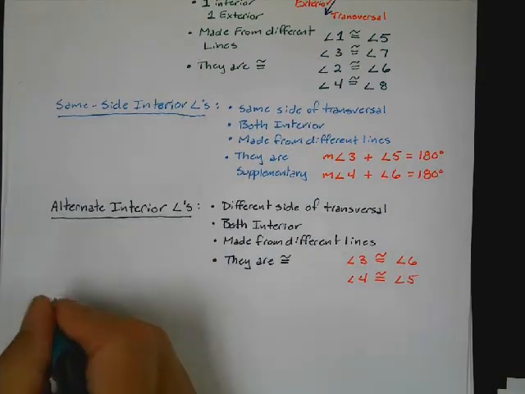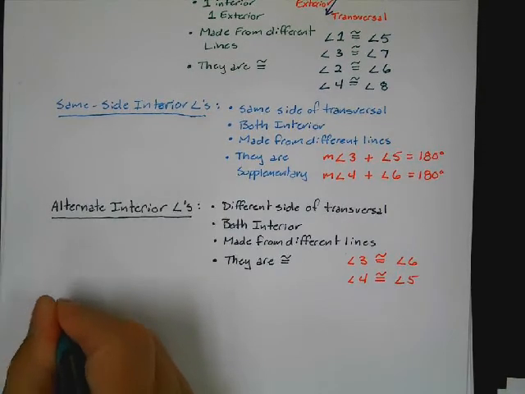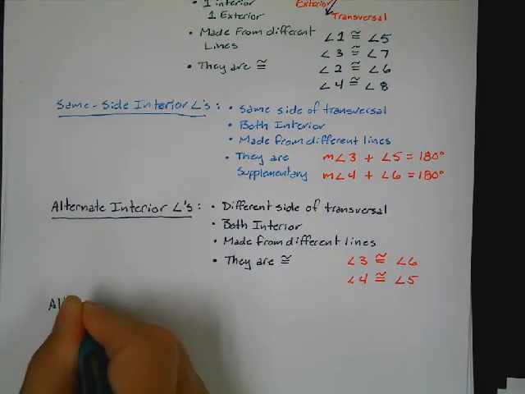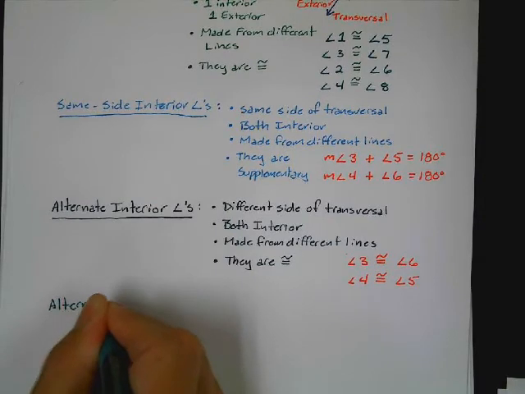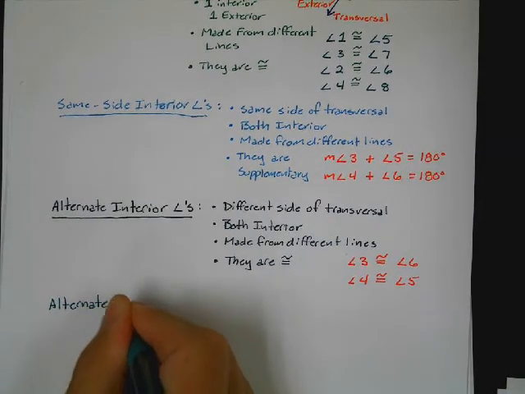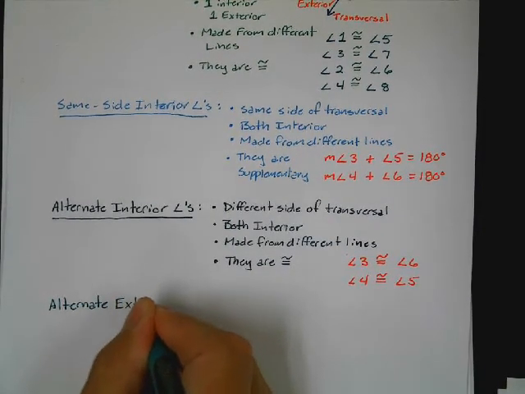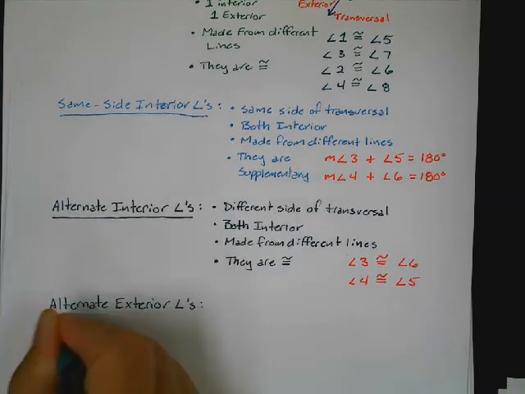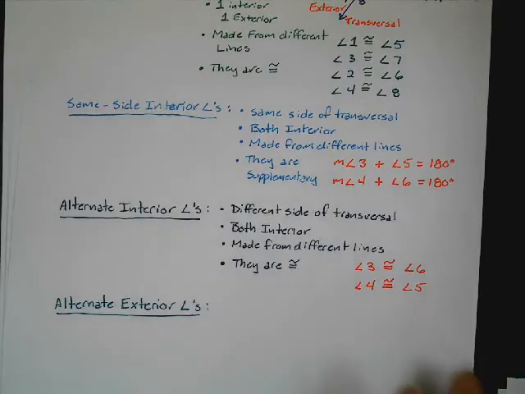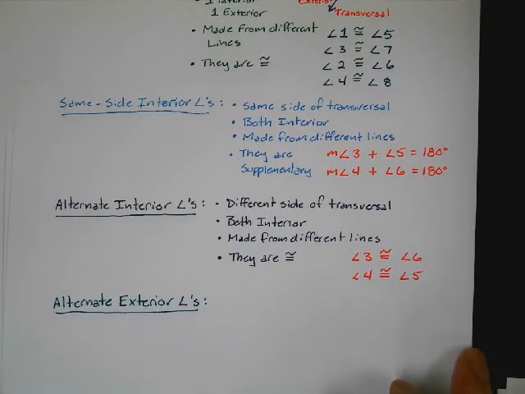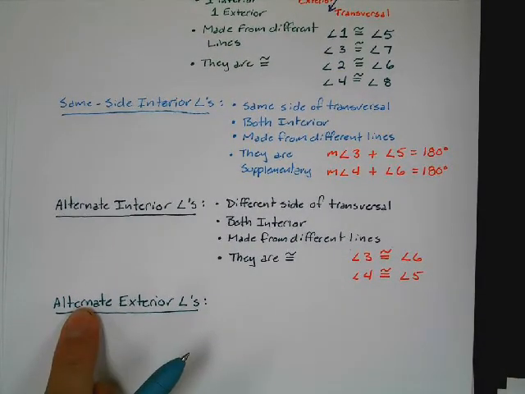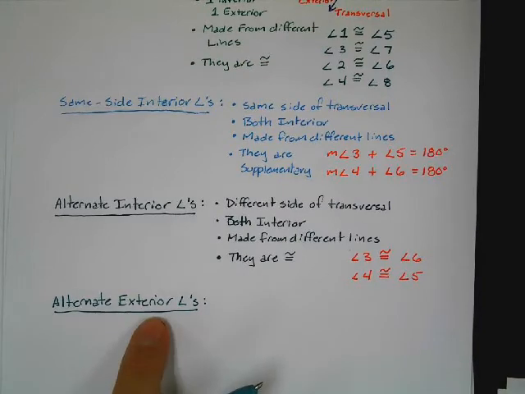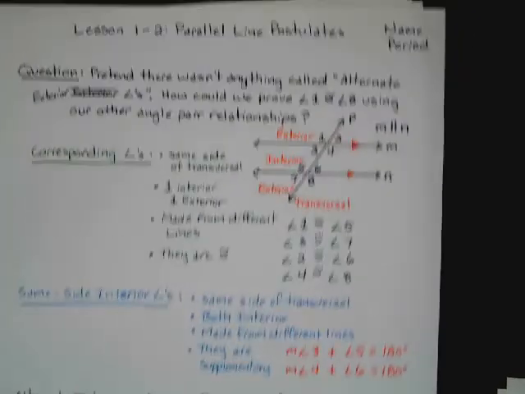Alternate exterior angles are our last one. Now, alternate exterior angles. Alternate means different side of the transversal. Exterior means they're both exterior. Let's go back to the picture.